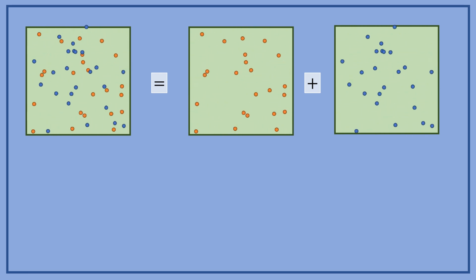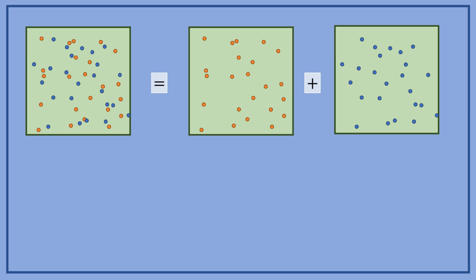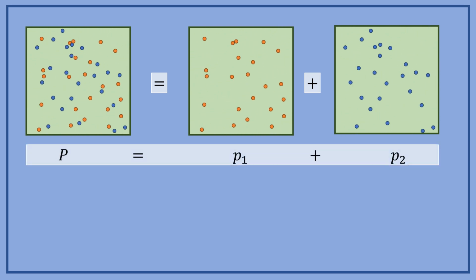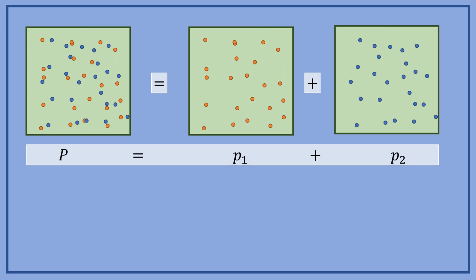Dalton's law of partial pressure suggests that if we have a mixture of gases enclosed in a container, then we can treat them as enclosed separately in different containers of the same volume kept under the same temperature, and therefore we can say the total pressure exerted by a mixture of gases within a container will be equal to the sum of the respective individual pressures, which are called partial pressures technically.